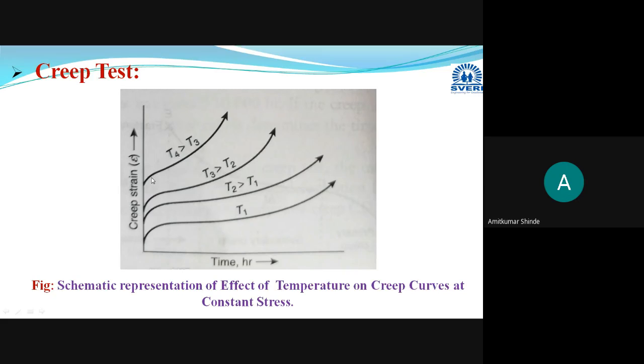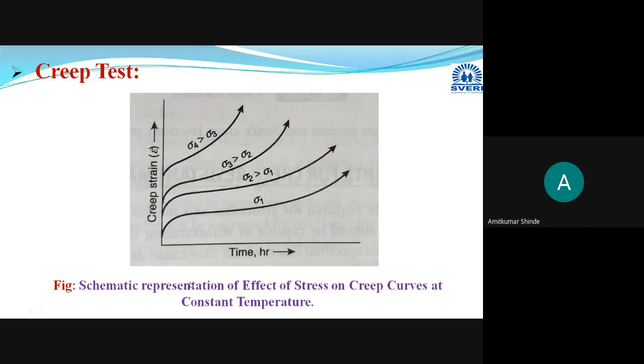The next curve is exactly the reverse. Here we are understanding the effect of the stress by conducting the same creep test at a constant temperature value while changing the stress values.